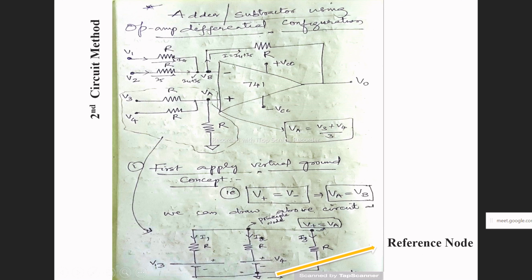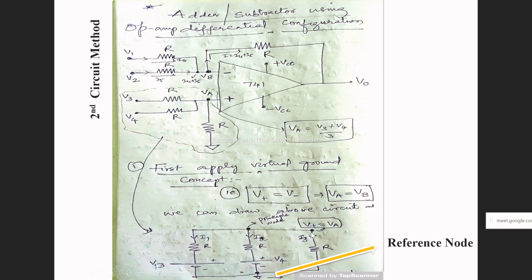Now I will write this in terms of V and R by using Ohm's law. See the direction here. Since my current is flowing from VA to V3, remember the current always flows from the higher potential point to the lower potential point.